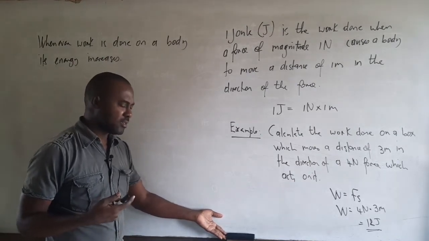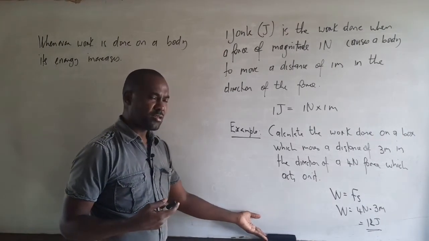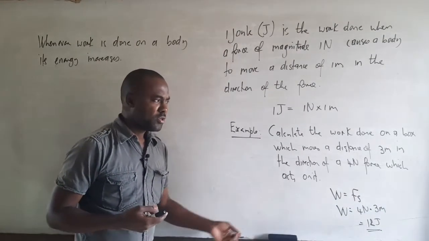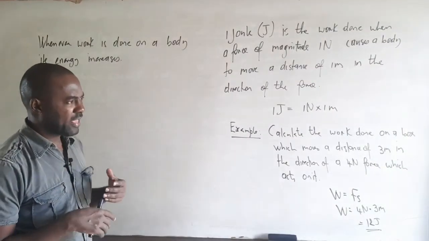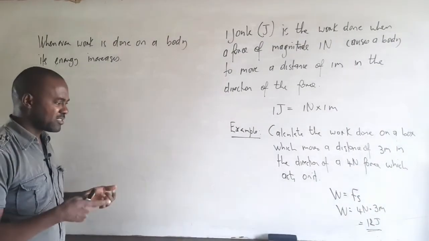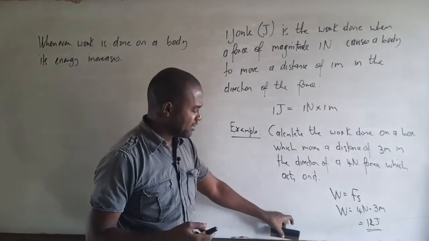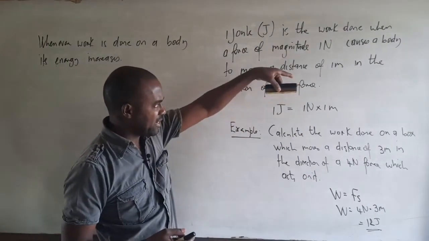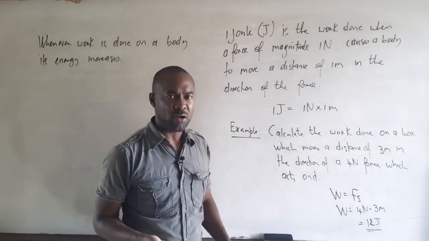In this particular case, because the eraser is moving, its kinetic energy would increase, right? So whenever work is done on a body, usually the energy of that body will increase. If the body acquires some velocity, then its kinetic energy is increased. And if the body is lifted, say through some vertical height h, then the work done is equal to the increase in the potential energy of the body, right?